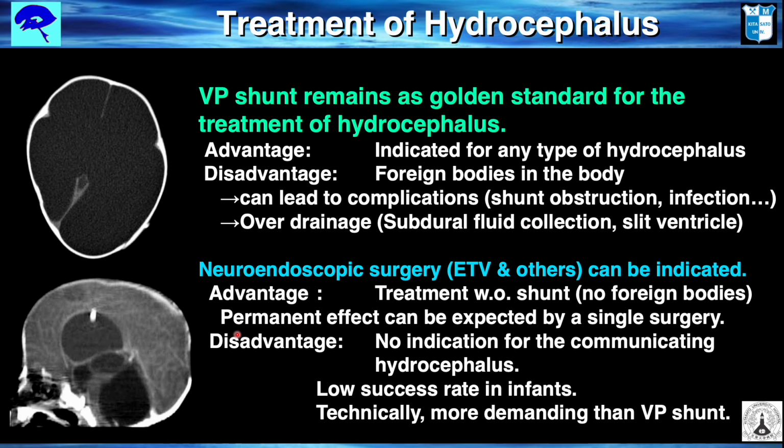On the other hand, neuroendoscopic surgery, especially ETV, can be indicated in some cases of obstructive hydrocephalus, and the advantage is treatment without a shunt, no foreign body, and a permanent effect can be expected by a single surgery. The disadvantage is that there is no indication for communicating hydrocephalus, a low success rate in infants, and it is technically more demanding than VP shunt.